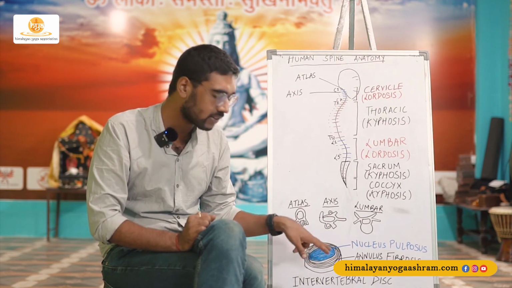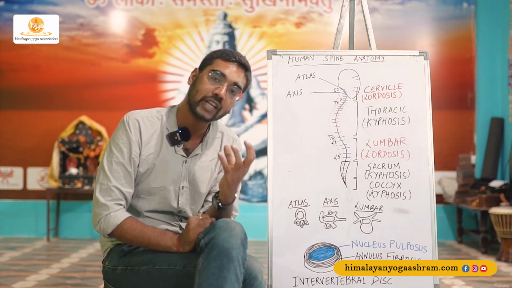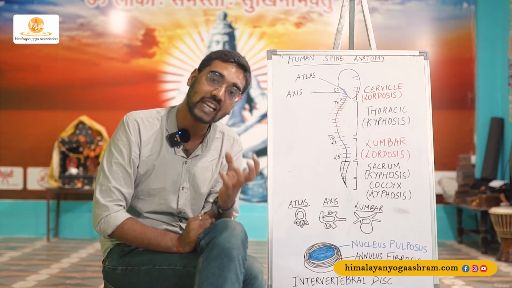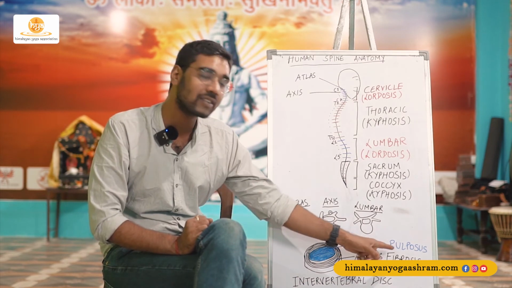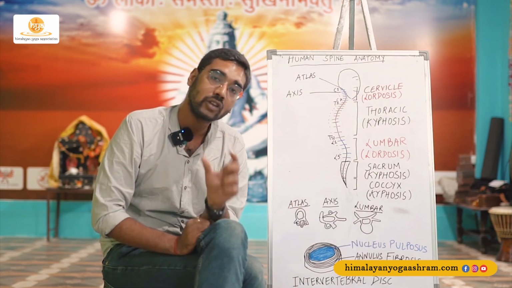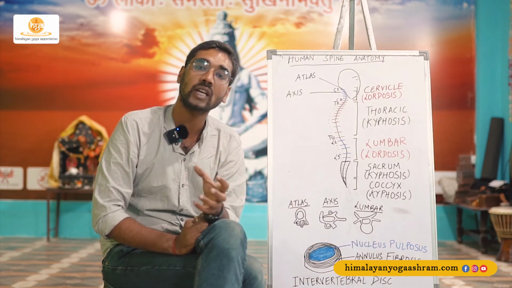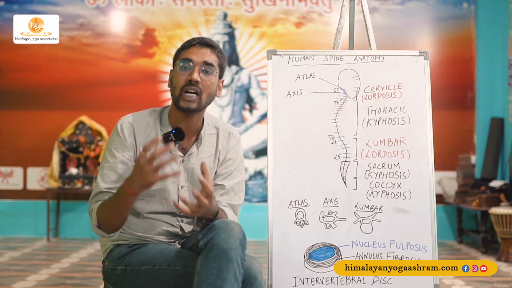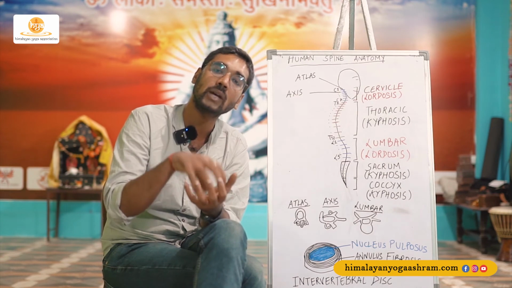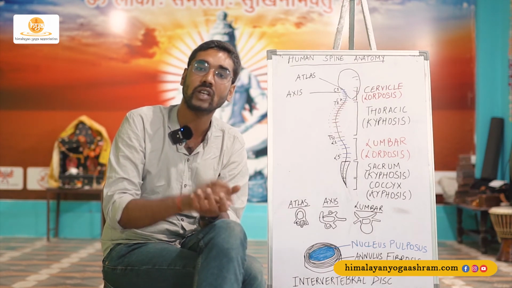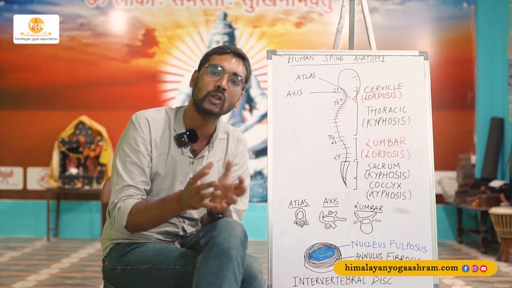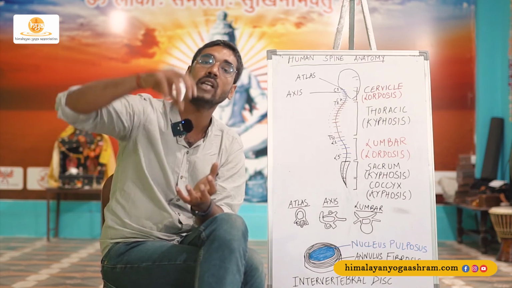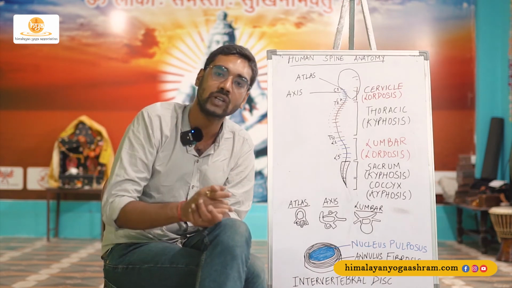This inner nucleus of the intervertebral disc, this gel-like structure which is spongy in nature, is called the Nucleus Pulposus. This Nucleus Pulposus is actually the most vital part of the entire intervertebral disc, because this is the area which is able to absorb shocks, which is able to absorb any weight being shifted around, and this is what is able to balance the body weight one above the other between all of these vertebrae.